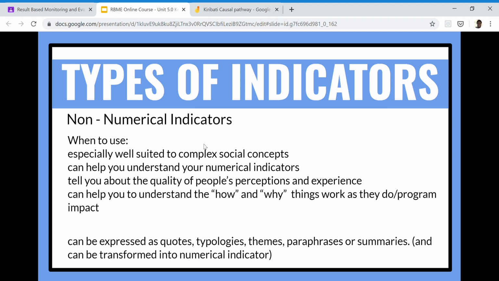It's always used for complex social concepts such as gender equality. So programs that involve gender equality, monitoring of organizations in terms of their development, drug addiction. These are complex social concepts, so you want to think about using more non-numerical indicators, and they can be expressed as quotes, typologies, themes, phrases, summaries.